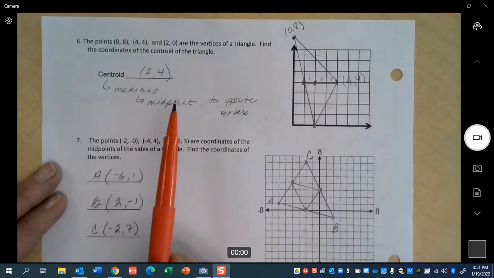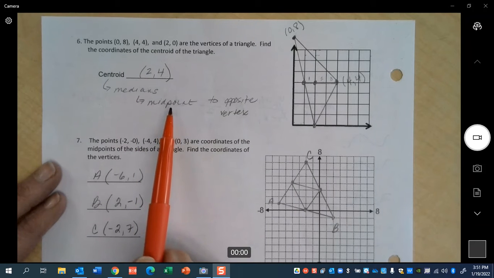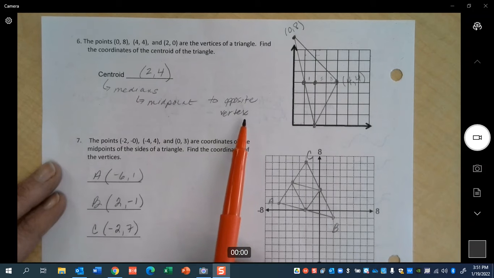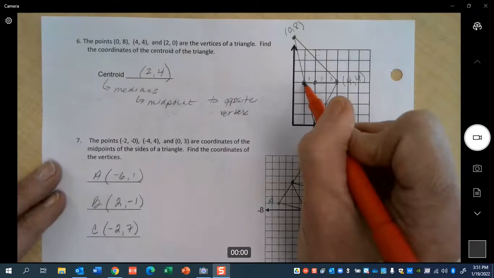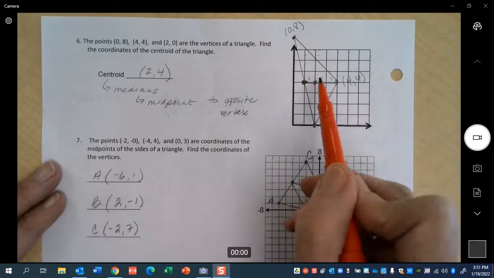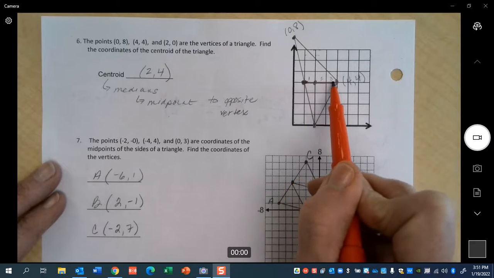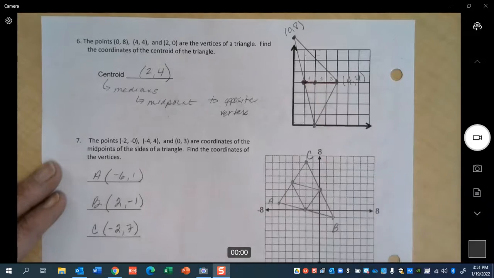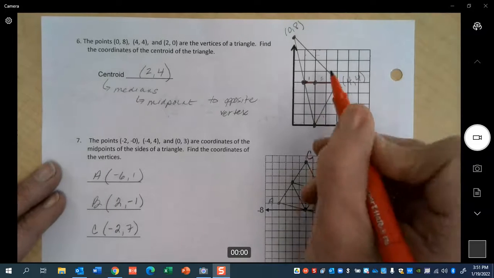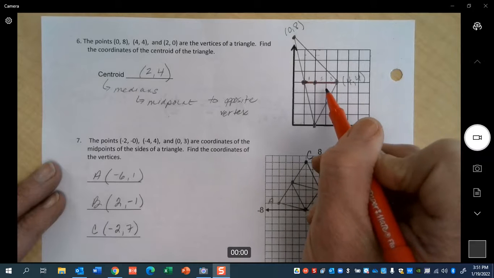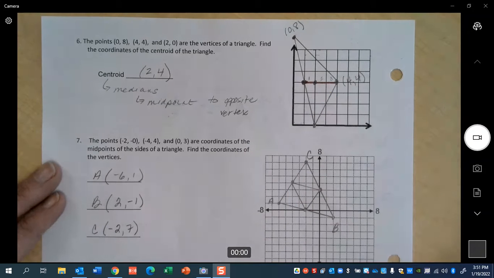My medians are created from my midpoint to the opposite vertex. Notice when I found the midpoint of this side here, its distance to the opposite vertex is going to be a horizontal line. That makes it real easy for me to find that centroid, remembering that 2/3, 1/3 relationship.